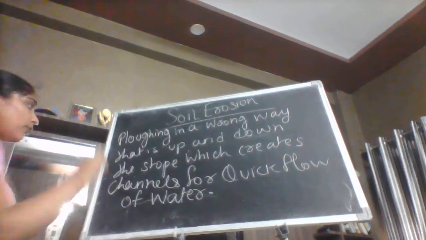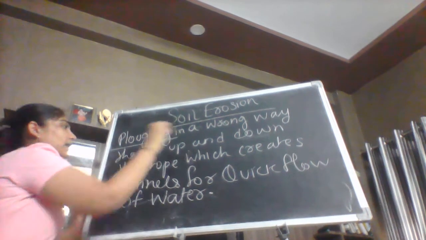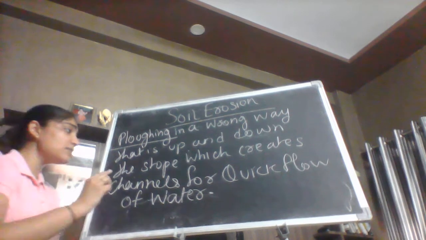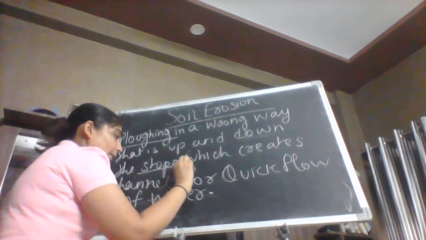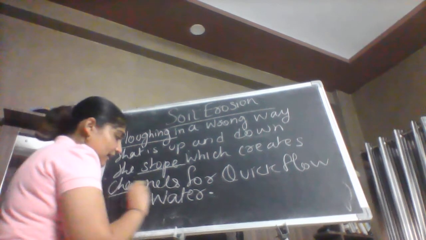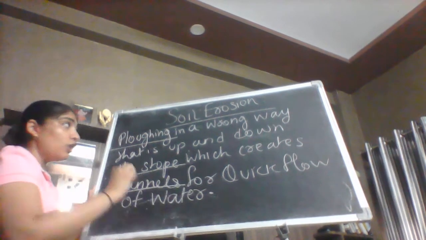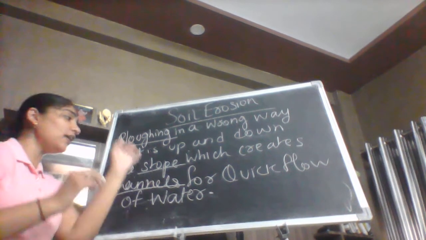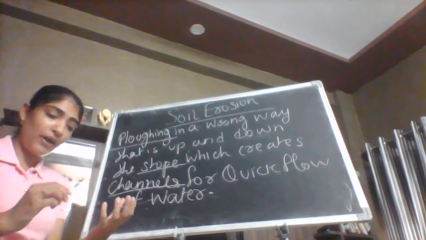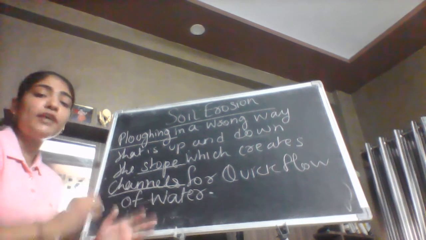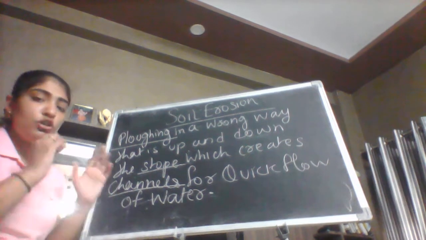Now what is plowing? Plowing is one of the methods of farming which is done on the slope. Now what is slope? Slope is the up and down land surface. And what are channels? Channels are a type of landform. So we can say that plowing is farming on the slope in a wrong way, so that it creates a landform which leads to the quick flow of the water, leading to soil erosion.